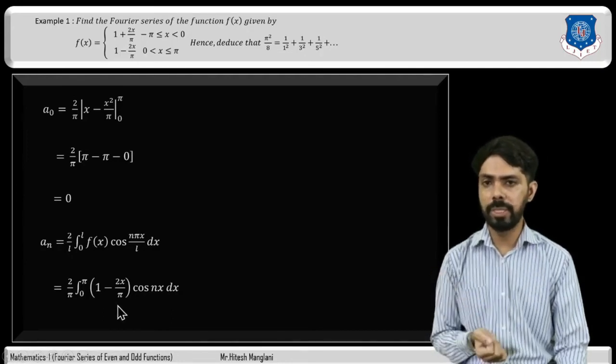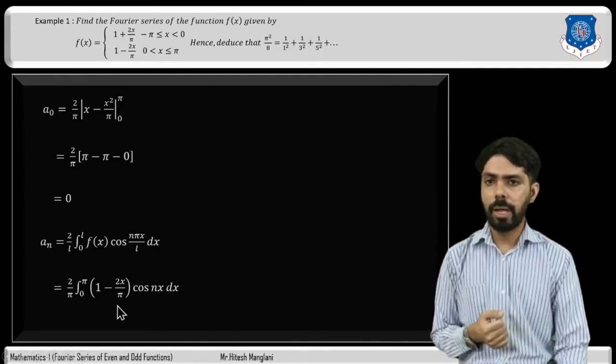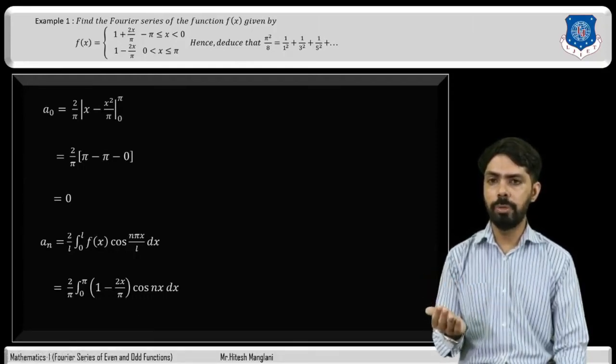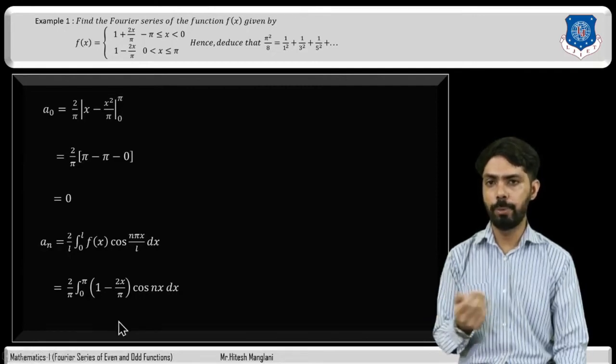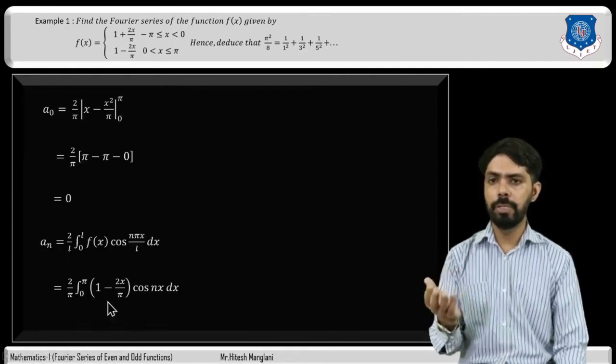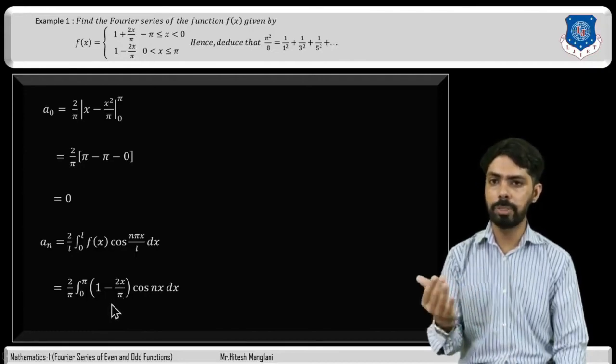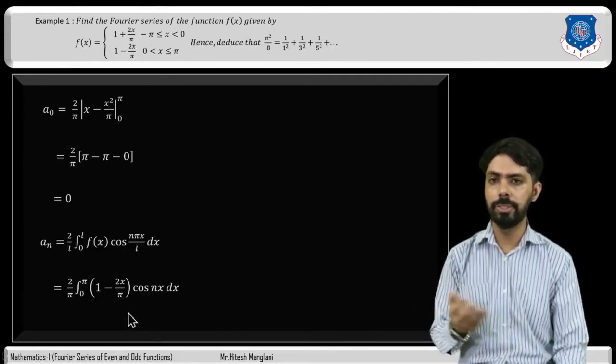Now here as you can see that there are two functions, so we will use Bernoulli's formula. So first of all we will have to choose one function whose successive differentiation is 0. So here we will choose this function, that is 1 minus 2x divided by pi, because its successive differentiation is 0.